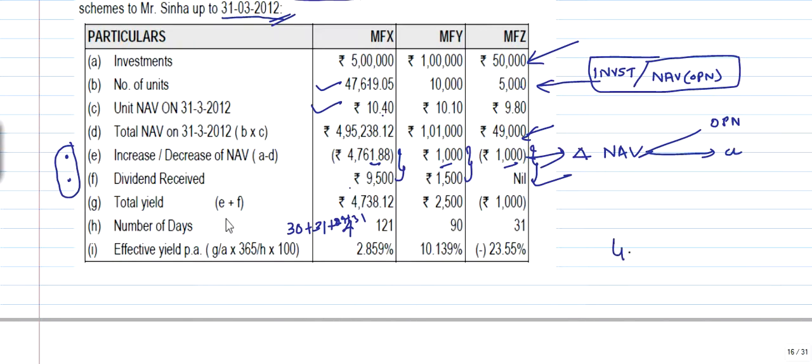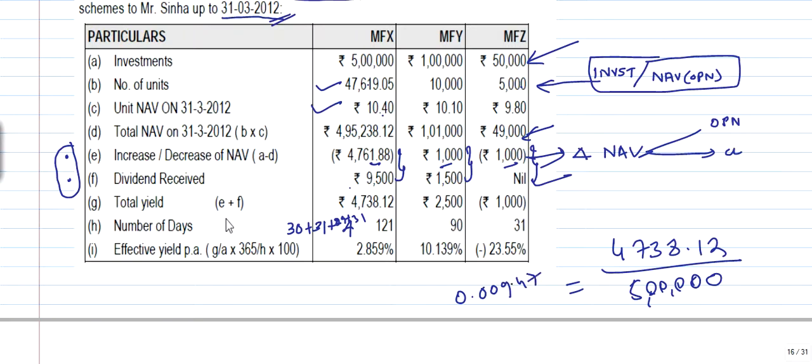So how to calculate yield? See, 4738 return. What is the investment? 5 lakh. 4738.12 divided by 5 lakh, it will come to 0.00947, into 100, that will come to 0.94764 percent.